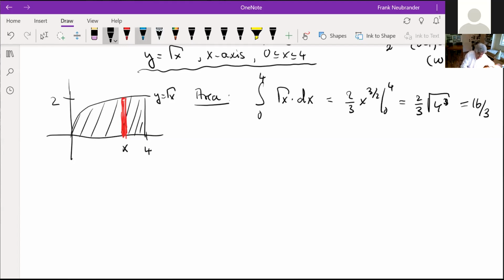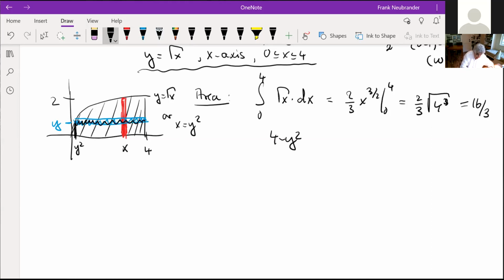And if you use horizontal slices, then you fix a y between 0 and 2. Then if y is the square root of x, then x is the same as y squared. So if I fix a y here, then the x value that belongs to it is y squared. So the length of the blue line is 4 minus y squared.